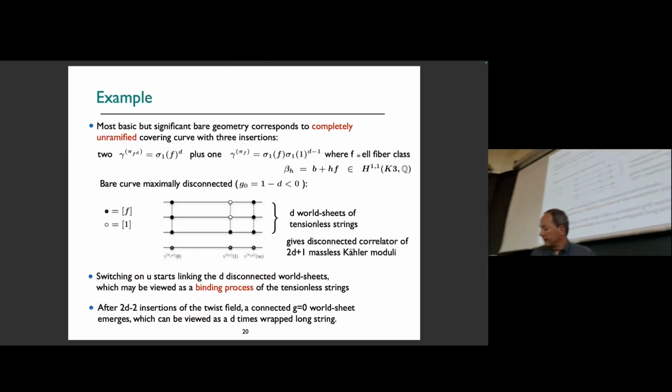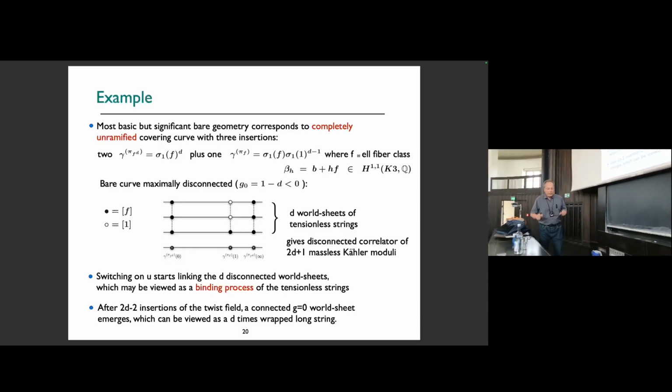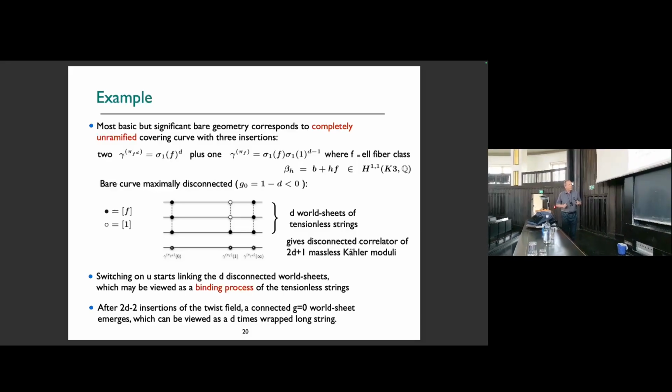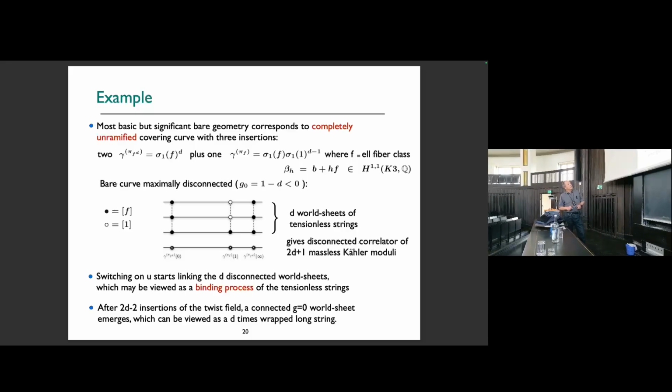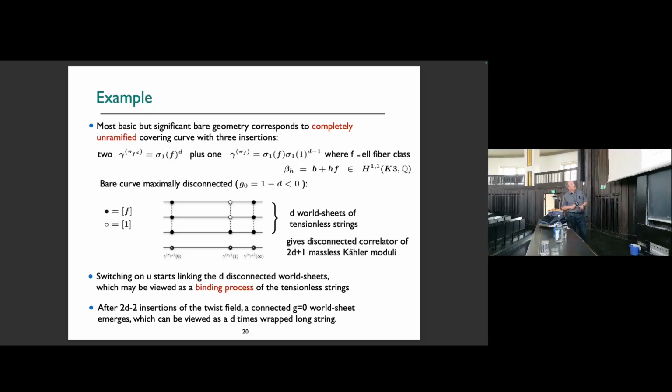Now an example, and we take the example which is the simplest possible one, the most degenerate but significant one, namely where we have D sheets, but no ramifications, no twist fields, everything is completely trivial. So we have separate sheets which are not linked, and we satisfy the charge selection rule by just putting K3 operators here.